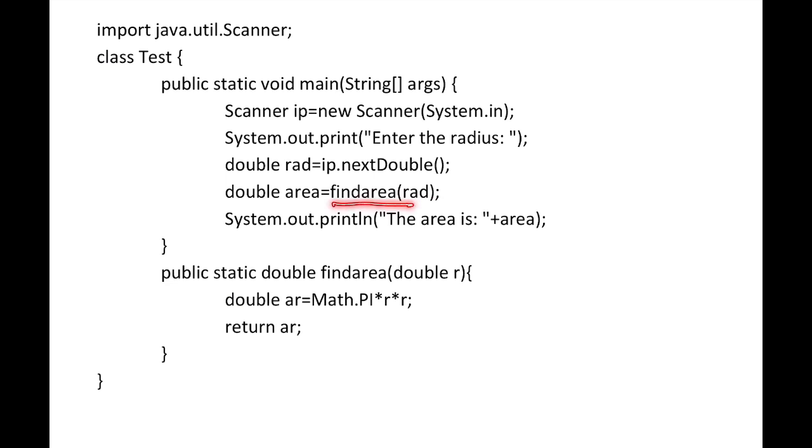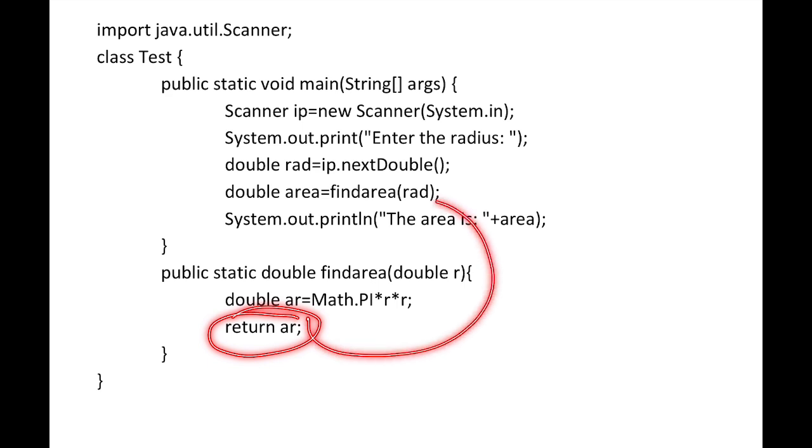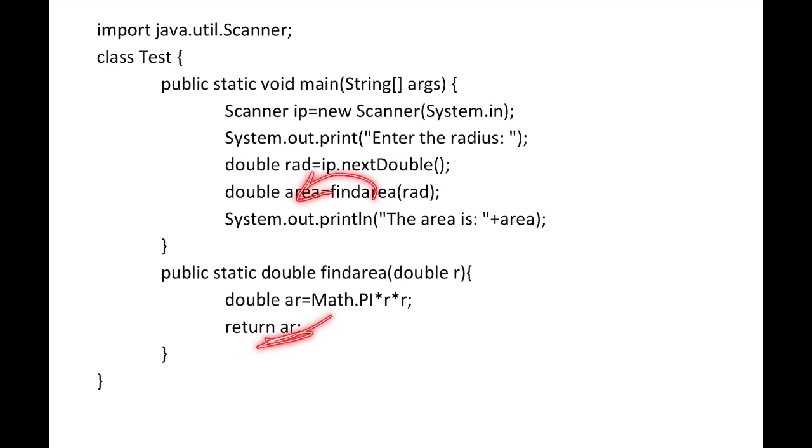When we call findArea(rad), the value of rad is passed to r. Now return ar, like we have discussed. When this return ar gets executed, the control again comes to the caller method and the value is assigned to area. Now System.out.println, the area is area. So this value is going to be displayed.